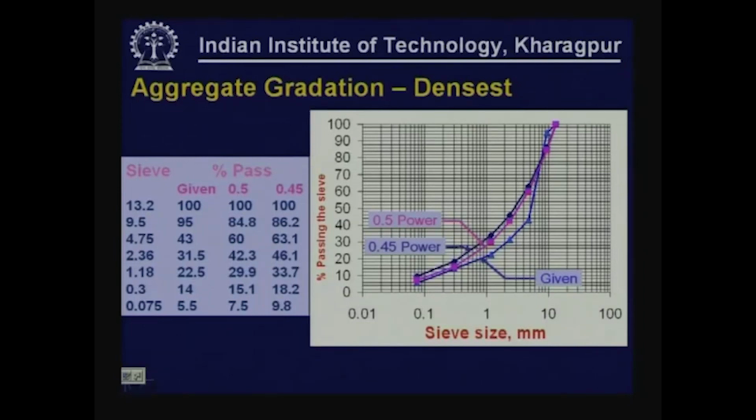Also, what should have been the gradation as per the 0.45 power law. As you can see here, obviously, the given gradation in this case is quite different from both the 0.5 power and the 0.45 power, and the 0.45 and 0.5 power are slightly deviating from each other.